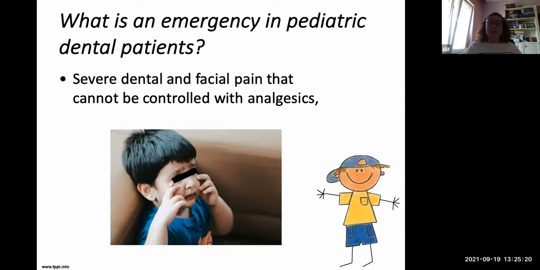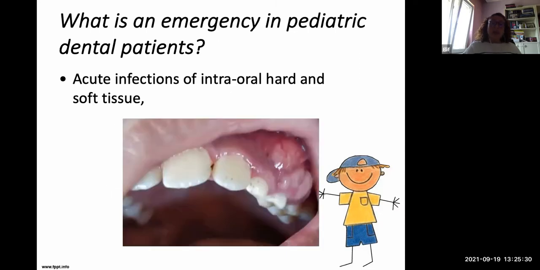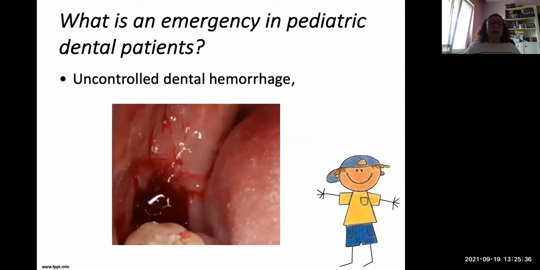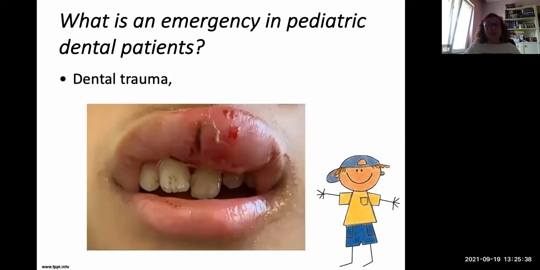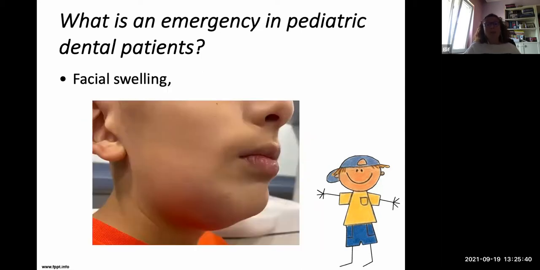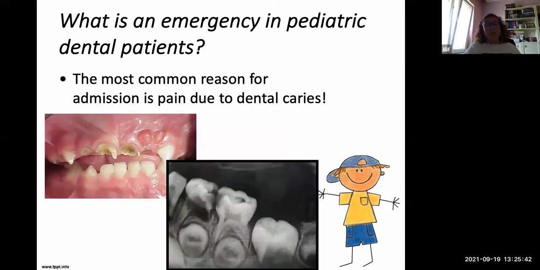So, what is an emergency in pediatric dental patients? First is severe dental and facial pain that cannot be controlled with analgesics. Acute infections of intraoral hard and soft tissues. Uncontrolled dental hemorrhage, dental trauma, facial swelling, and of course, the most common reason for admission is pain due to dental caries.